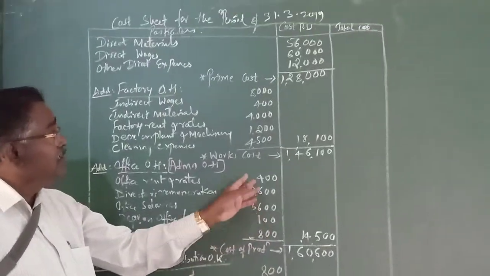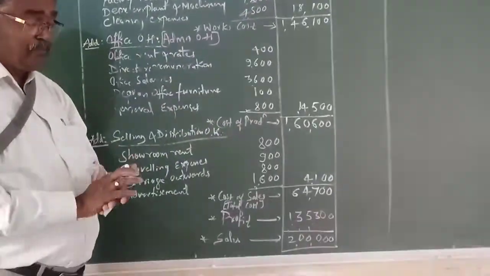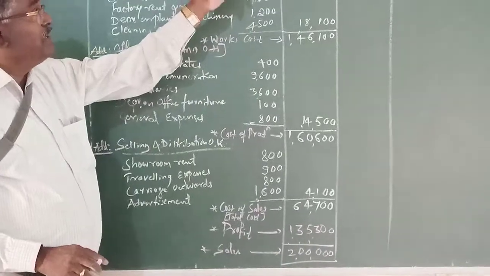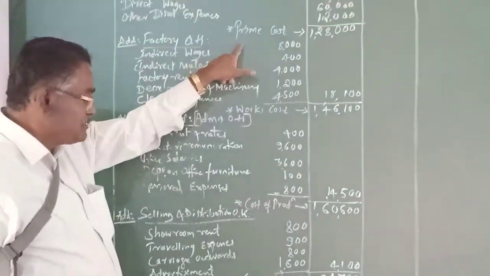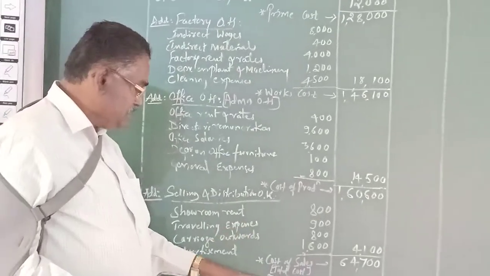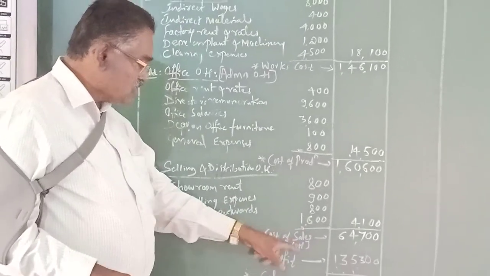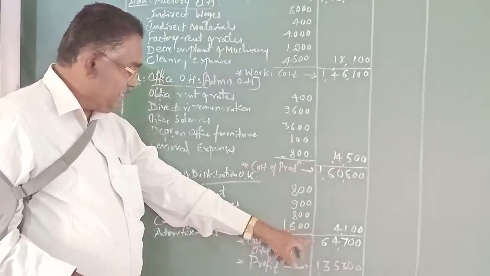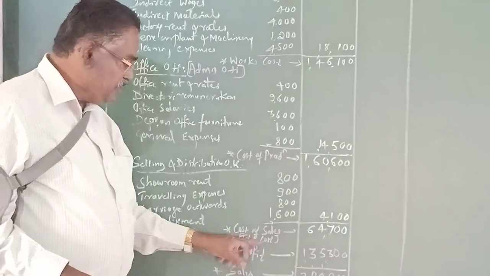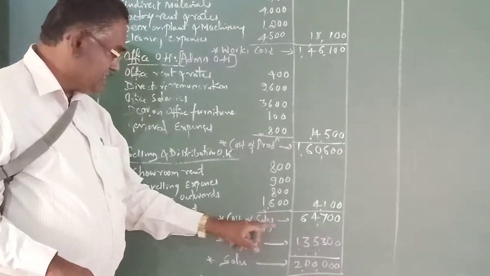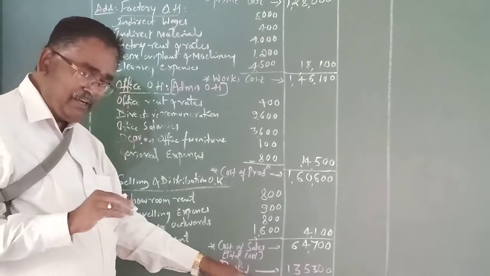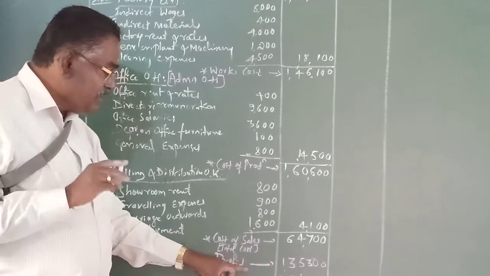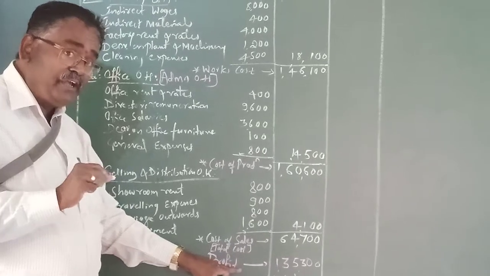Then if the output items are given, may be 1,000, 2,000, whatever it is, in that circumstance, total cost divided by number of items gives the cost per unit. Total profit divided by number of units gives the profit per unit.